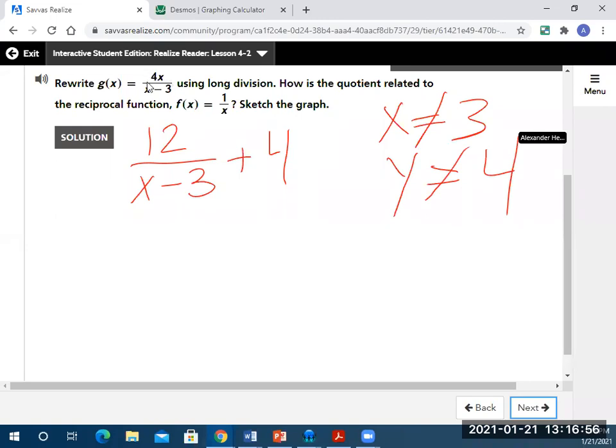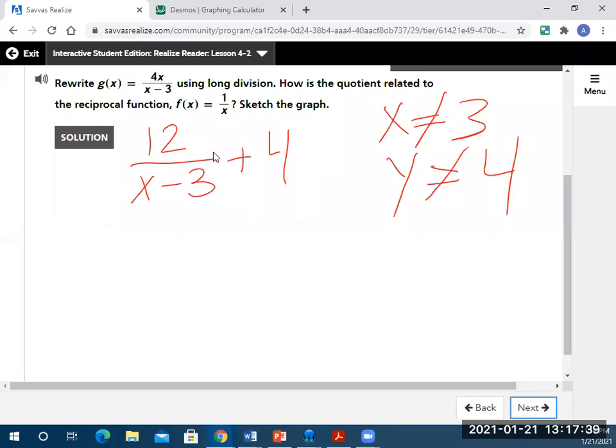And then if you want to find your range from this function that we arrived at by using long division, you would just look at the value for k. I'm going to explain why that is in just a second when we look at the graph of it. But if you have this function right here, you would look at k, and that tells you what your range does not equal. So my k here is 4, so my range is y does not equal 4, right? Does everyone understand? So you can get the range and the domain from either function.